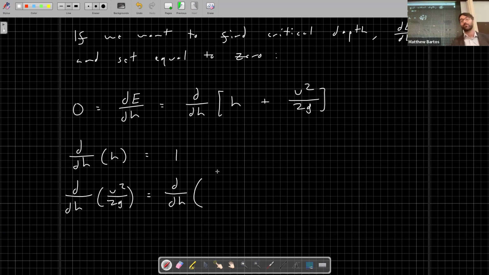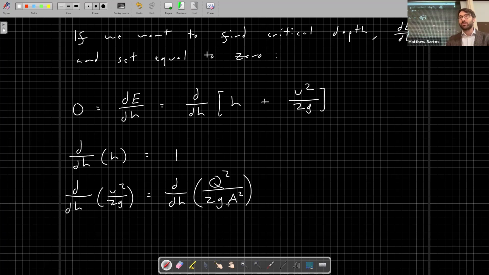So to compute this derivative, the first thing we're going to want to do is express the velocity in terms of the discharge and the area. Okay, so we're taking the derivative of this expression here with respect to the depth.